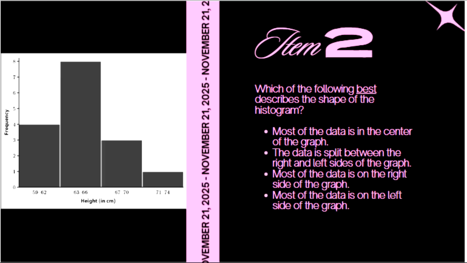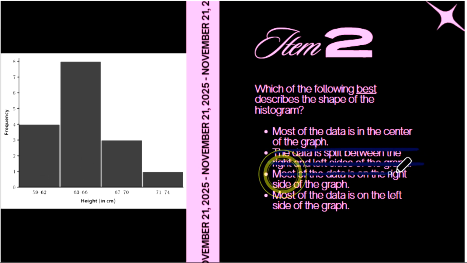Which of the following best describes the shape of the histogram? Most of the data is in the center of the graph. Maybe? The data is split between the right and left sides of the graph? No, that would be high here and high here. That one's not right. Most of the data is on the right side of the graph?